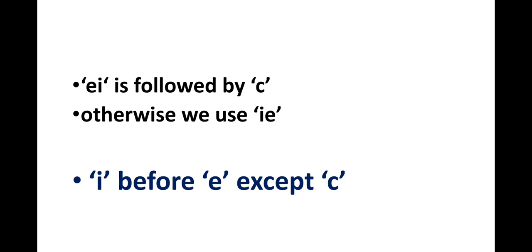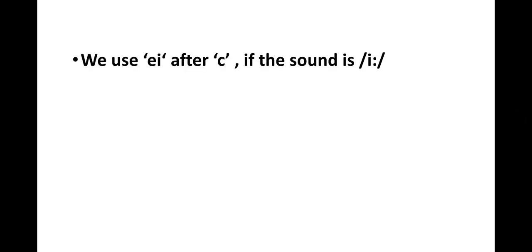I'll explain with examples. We use EI after C if the sound is E. Remember, this is very important. If the sound is E, then we'll use EI after C. For example, receive. Here you see, when you pronounce receive, the sound of this combination EI is E, like receive, receive.